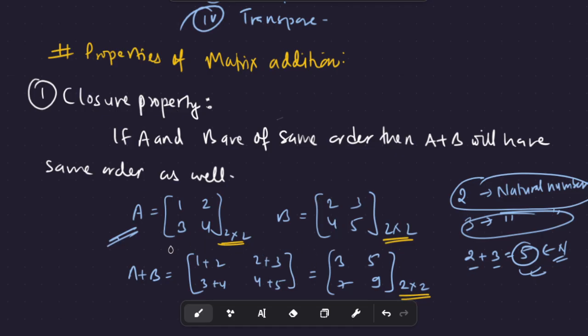Here A is of 2 by 2, B is of 2 by 2 again. Now they are added, and the resultant matrix, or the sum, will also have that same order. It is called the closure property.